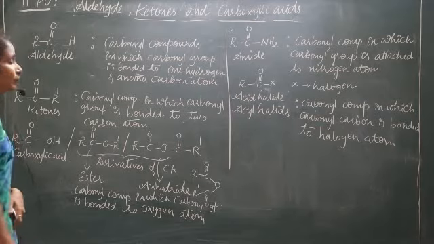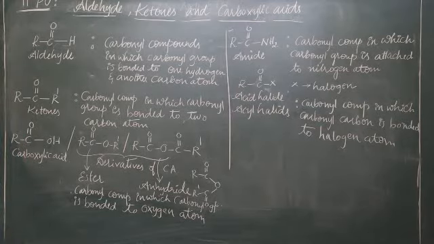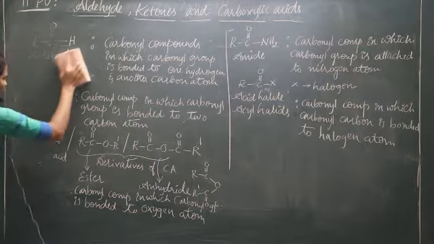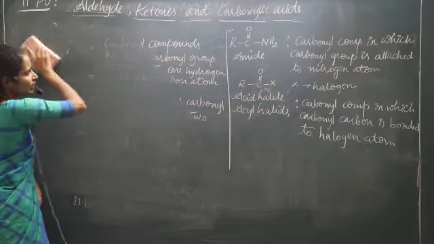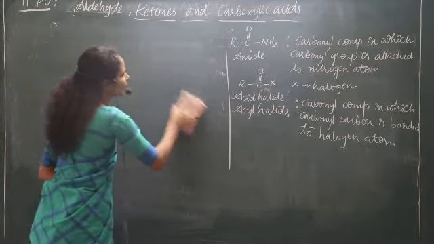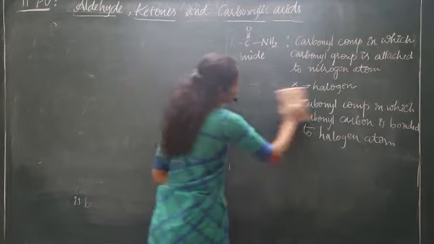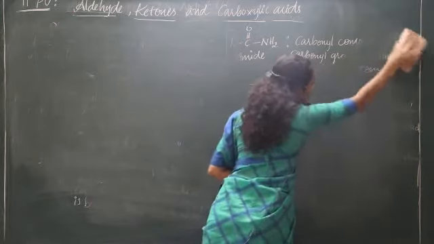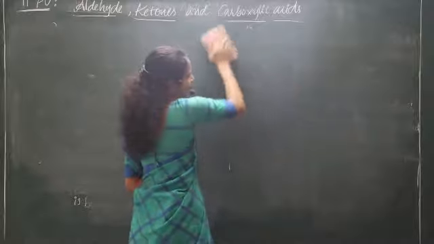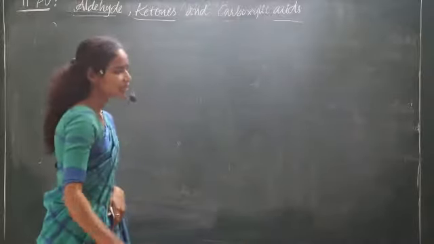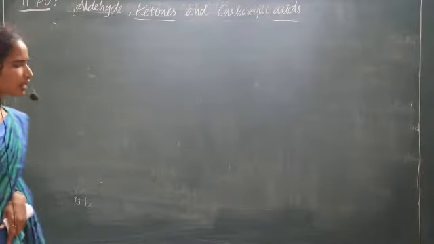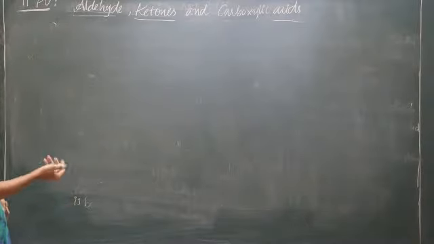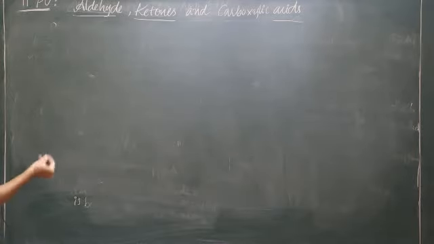Now what is the importance of aldehydes, ketones and carboxylic acid? These play a very important role in biochemical processes. We can find these compounds basically in nature, that is, we can extract them, as they are present in naturally occurring substances.